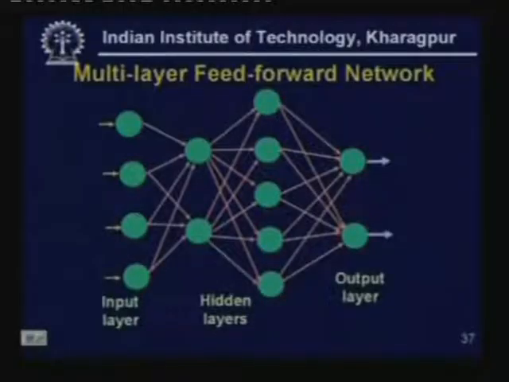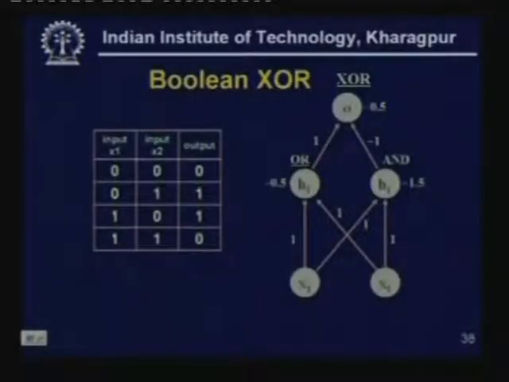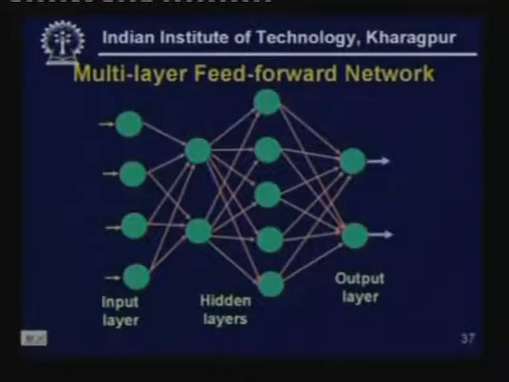So, we will look at other types of functions which are non-linear but differentiable, and using which we can represent more complex functions. That is what we will be looking at in the next lectures.